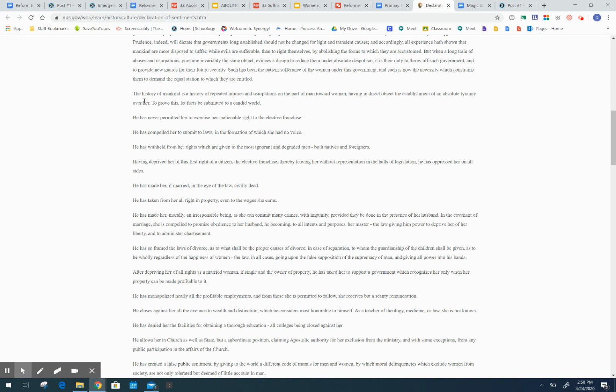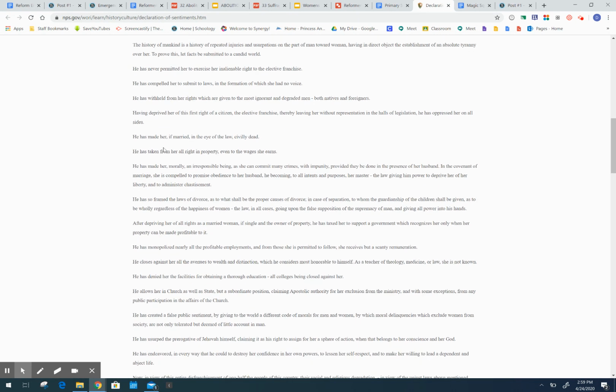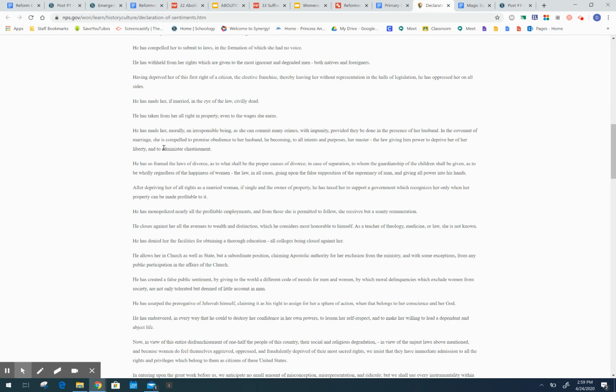It says right here, the history of, let's see if I can highlight it here, "The history of mankind is a history of repeated injuries and usurpations on the part of man toward women." That's basically saying that in the course of history, men have not always treated women fairly. And then they go on to list some of the ways that they have not been treated fairly.